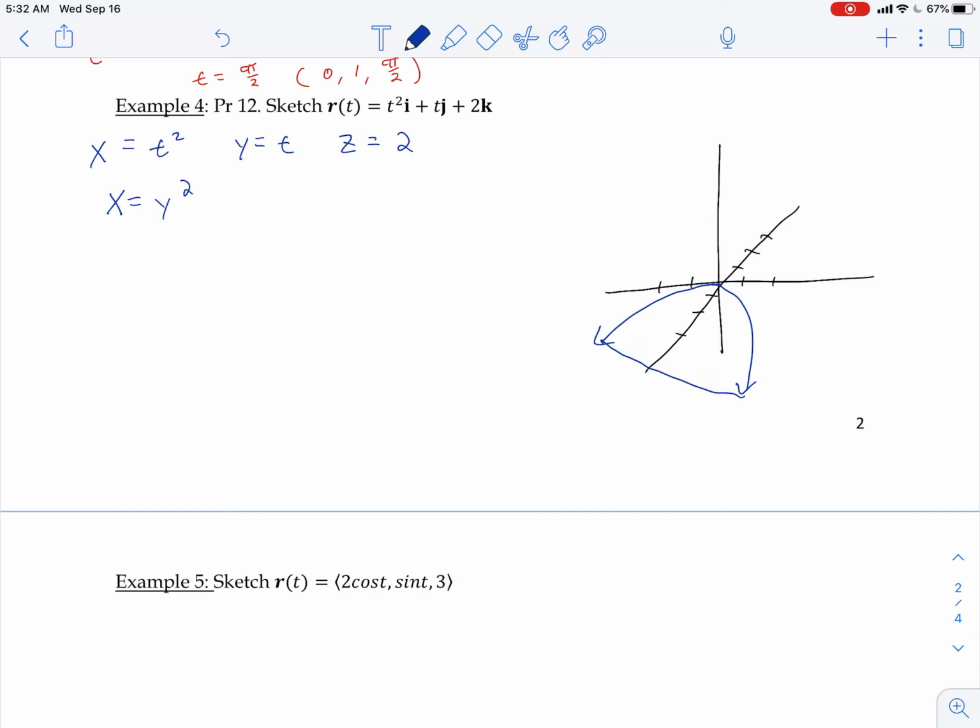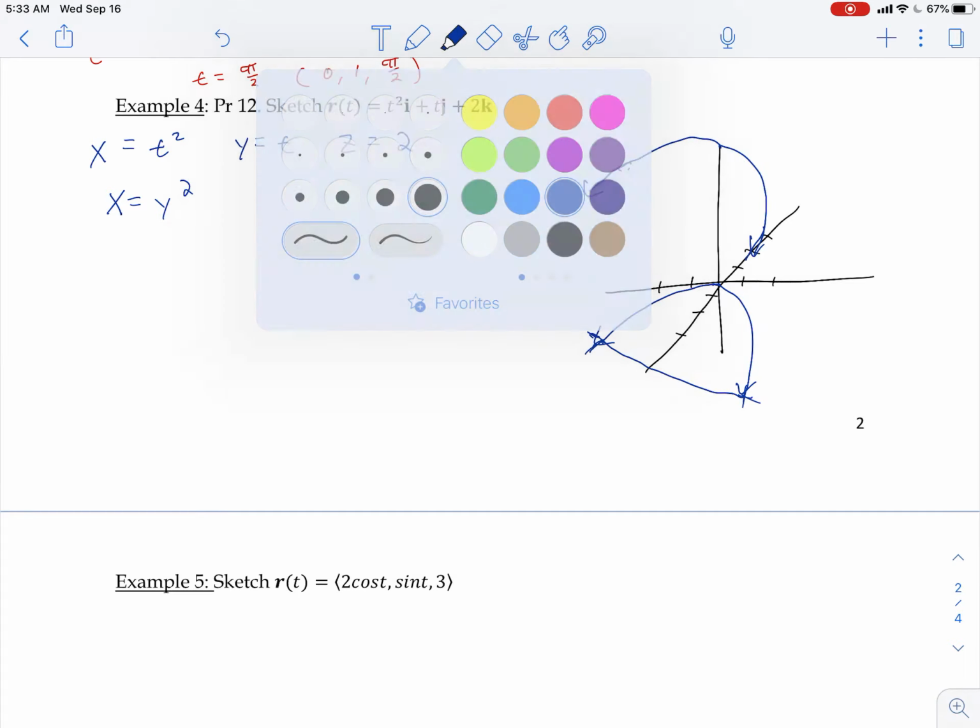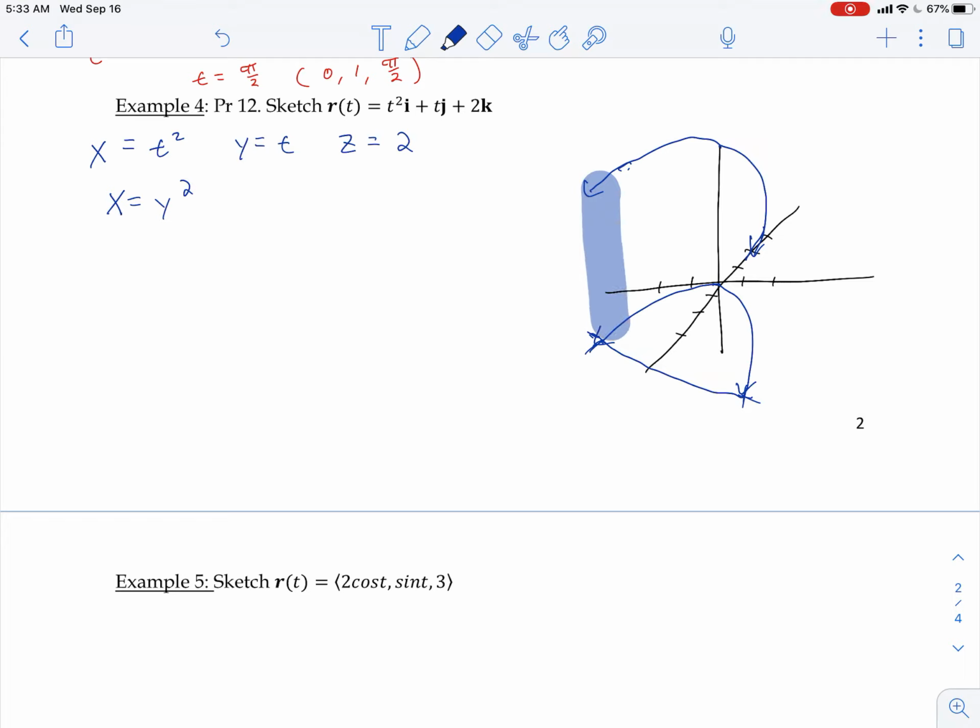It doesn't stop there, but I'm going to extend those lines too. I'm just drawing it so that you can see what this looks like. And so I'll draw a top to this as well. Again, this is not perfect. And so here we have a cylinder in 3 dimensions.